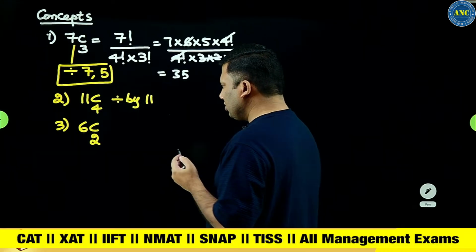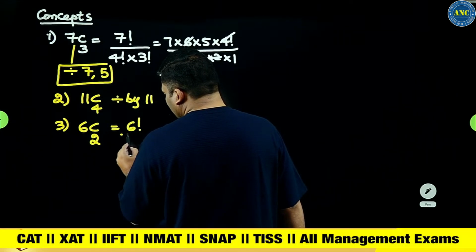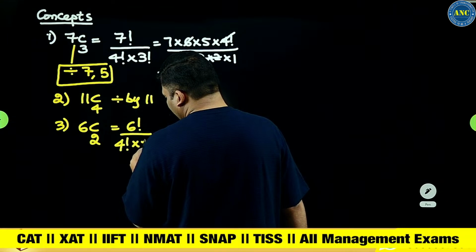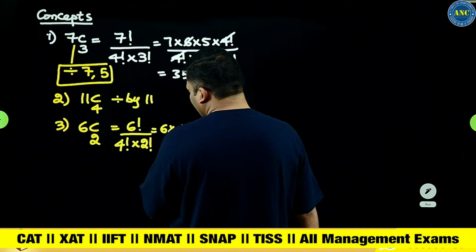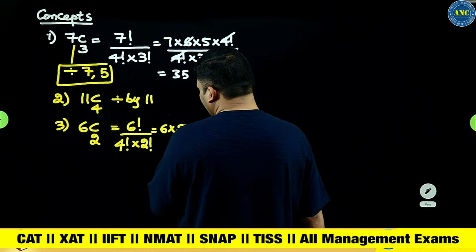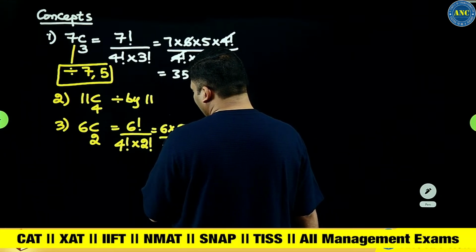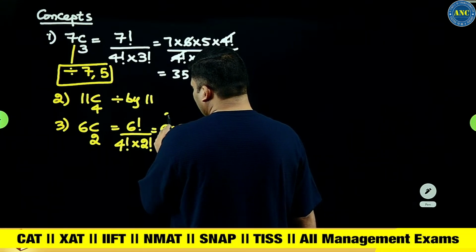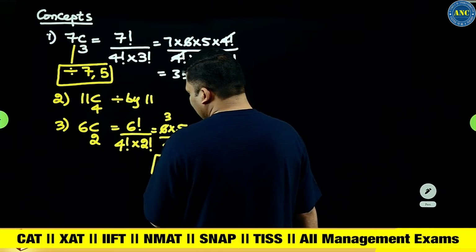How to do 6C2? If I do it by the formula, 6 factorial by (6 minus 2) factorial into 2 factorial. This will be 6 into 5 into 4 factorial divided by 4 factorial into 2. The 4 factorials cancel, and 2 threes are 6, 5 threes are 15.